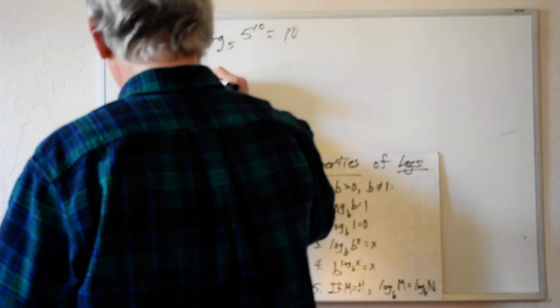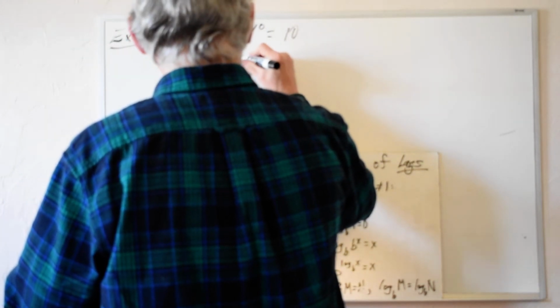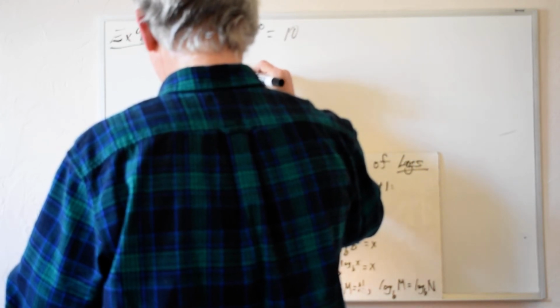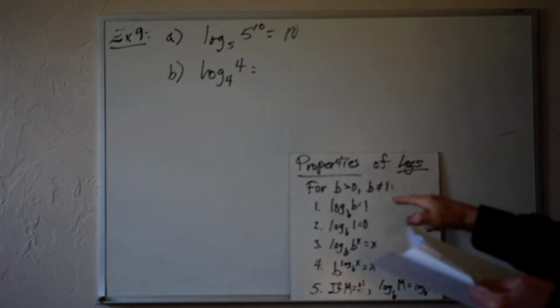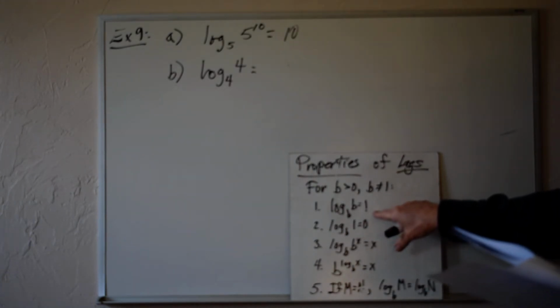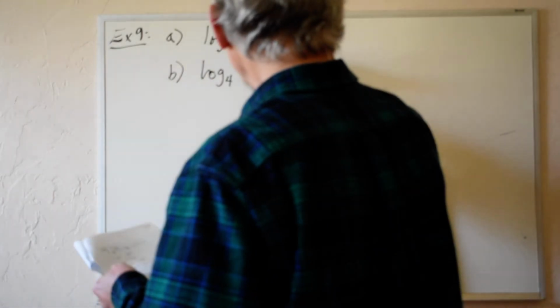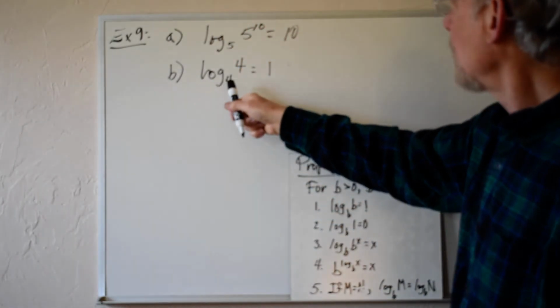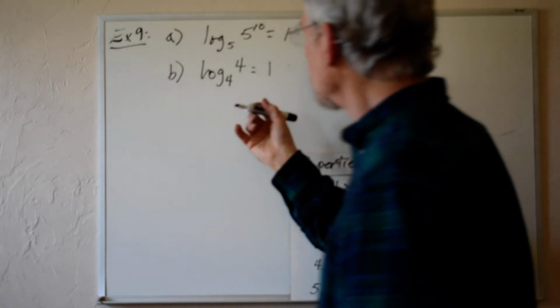Part B, the log of 4, base 4, what is that equal to? I recognize that. That's property 1, with 4 playing the role of b. And it makes sense if I think about it. 4 to the power 1 equals 4.